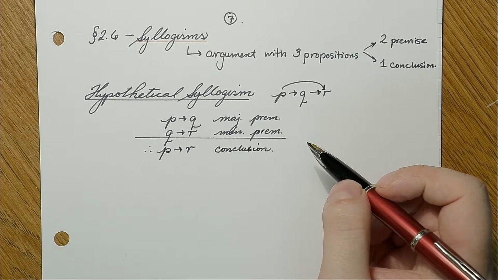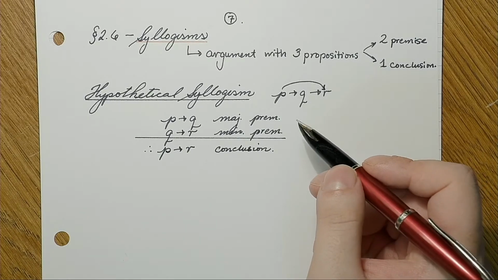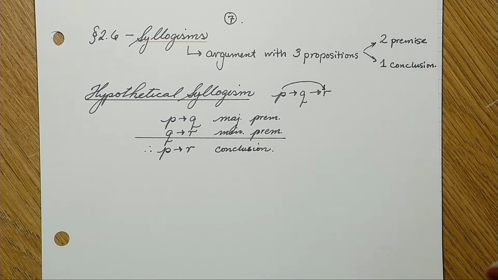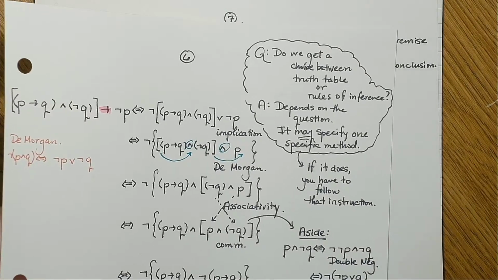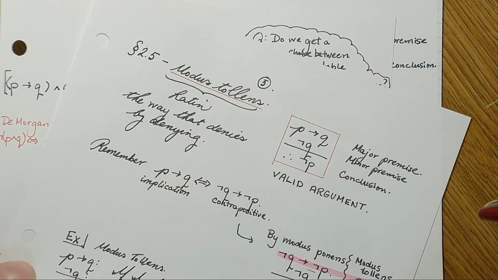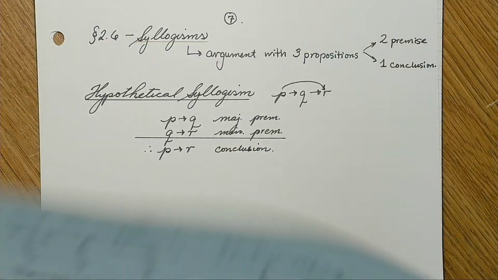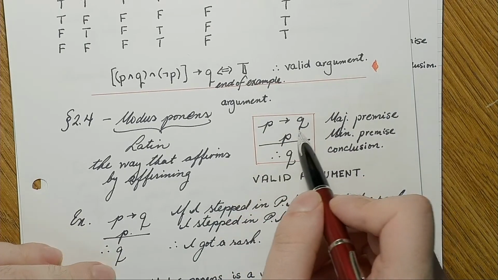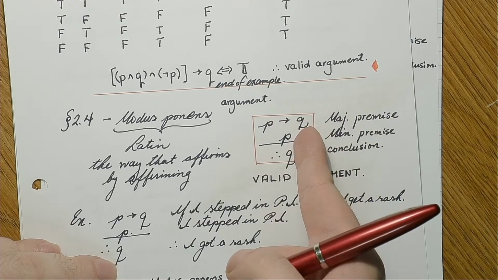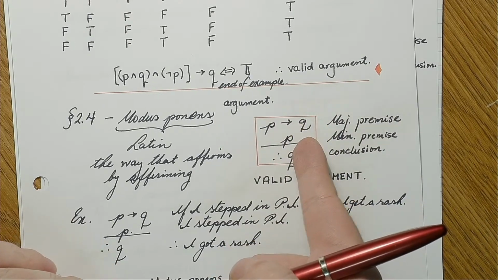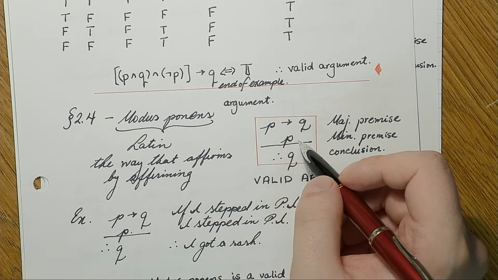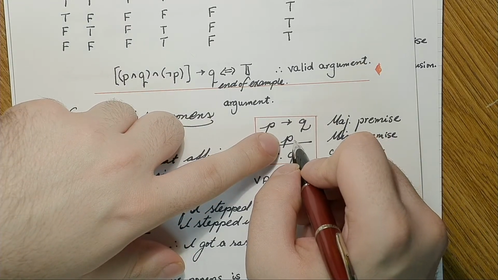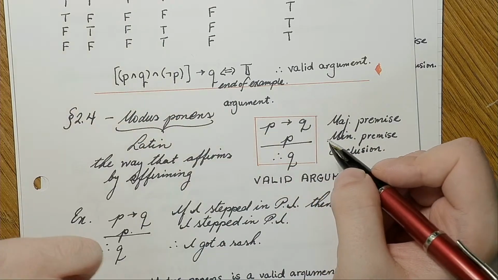Why it's called hypothetical is because, unlike modus tollens or modus ponens, when we look at modus ponens, we have the implication or the hypothetical, and then we actually specify one of the causes and then the effect.